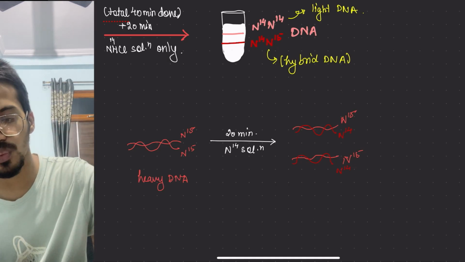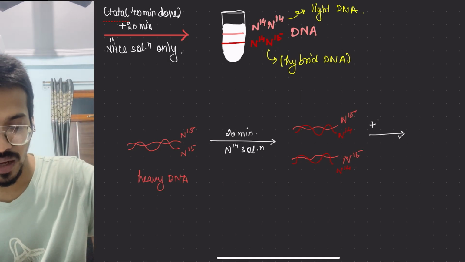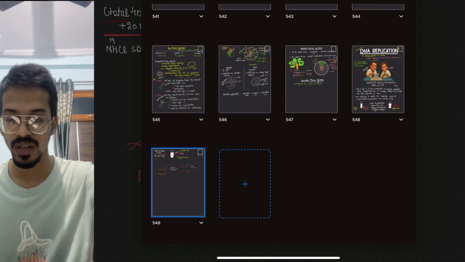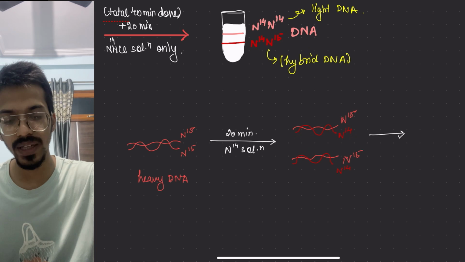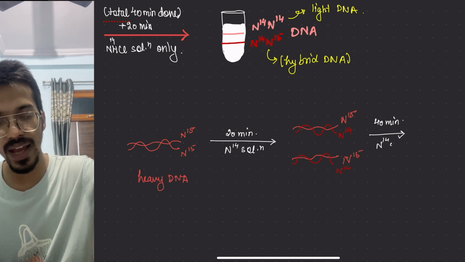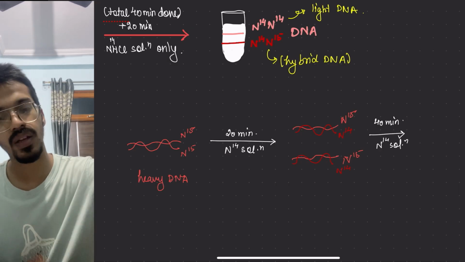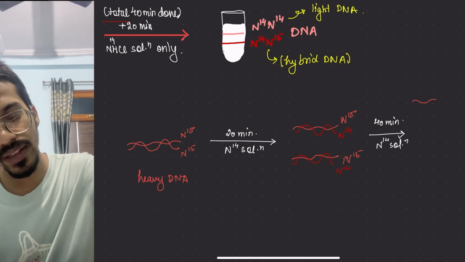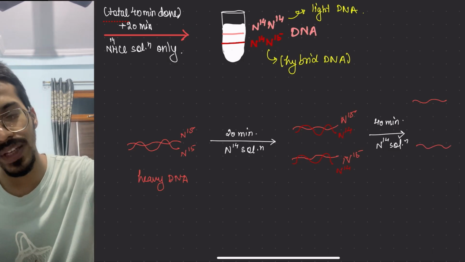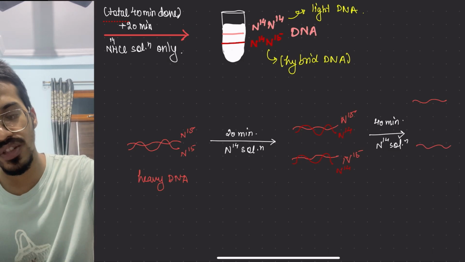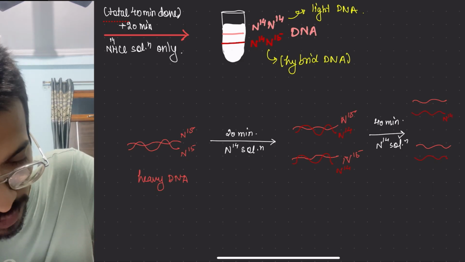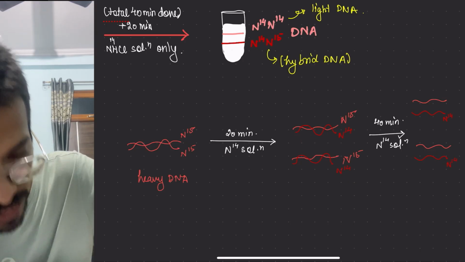Later on, we even continued this. Plus 40 minutes, meaning 20 minutes has been added, so a total of 40 minutes is over, keeping it in the N14 solution only. Now what is going to happen? We have the strand of N15, N15. We have a strand of N14, N14.